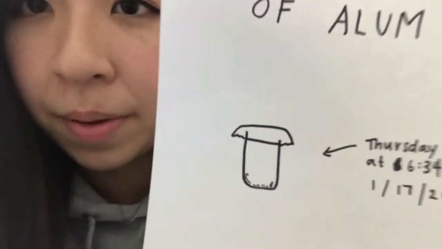If you can tell by the drawing, there are little tiny crystals that I drew. Not exactly sure if it's visible, but on the bottom you can see small crystals, and there's maybe a little bit on either side.